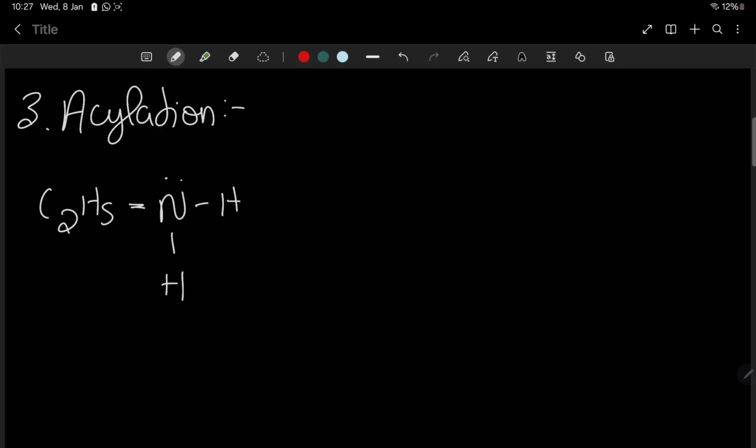Next one is the acylation reaction. I'm taking an amine, that is C2H5NH2. Into this I am adding an acid chloride. What's happening here?